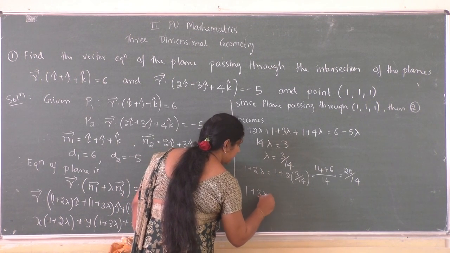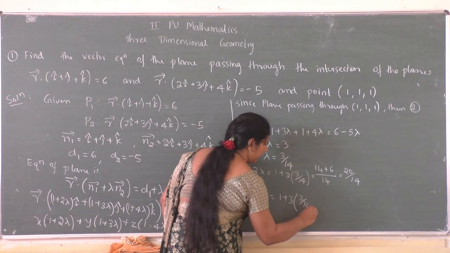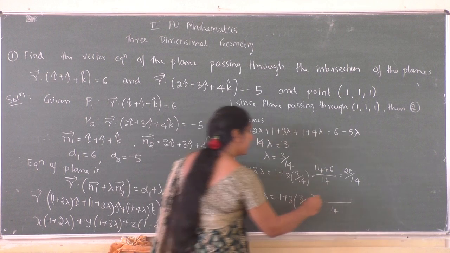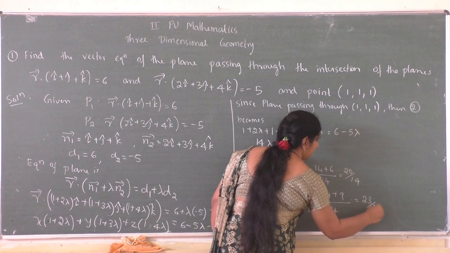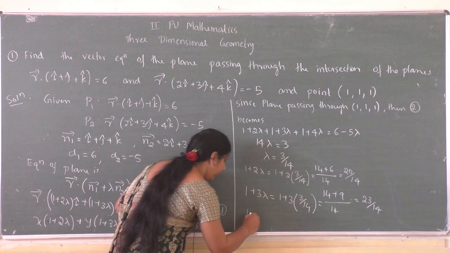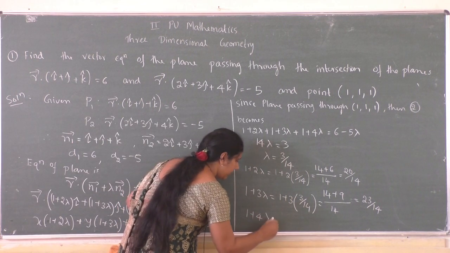Similarly, calculate what is 1 plus 3 lambda. So 1 plus 3 lambda is 1 plus 3 into 3 by 14, that is, 14 is the common denominator. Numerator is 14 plus 9, that is 23 by 14. And here we calculate what is 1 plus 4 lambda.